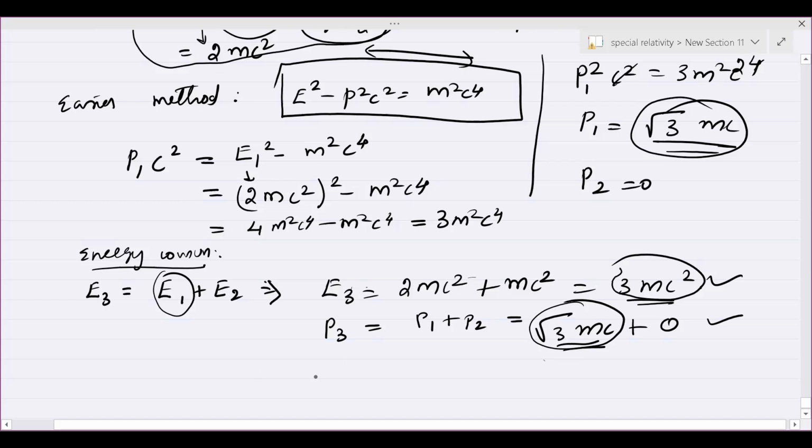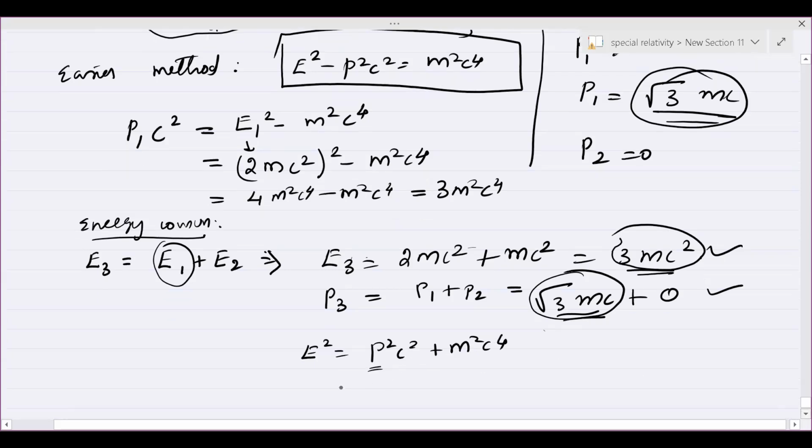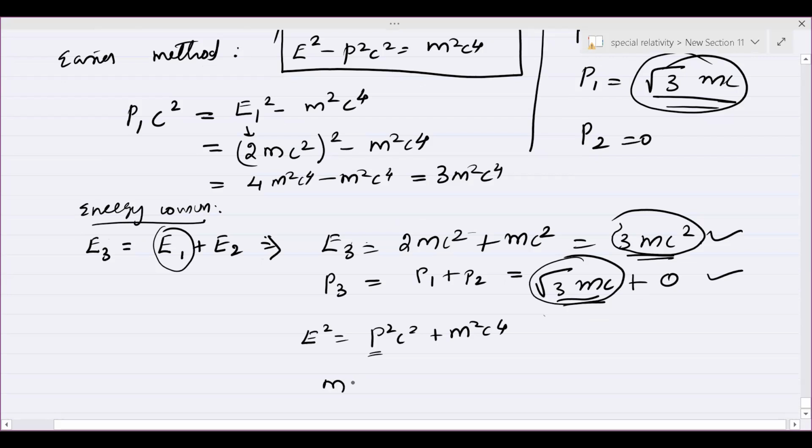Again, you can use the energy momentum relation because you know that E square is equal to P square c square plus m square c raised to 4, and we are given the energy and the momentum. So you can find the mass like this. M square c raised to 4 is equal to E square minus P square c square, right?